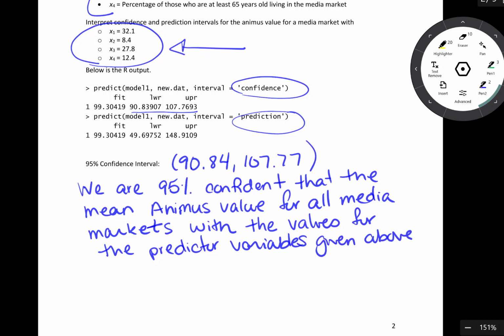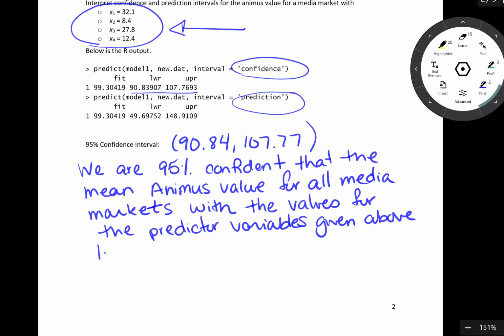If we changed any of those values, we would get a different confidence interval. And then we can say it lies between, and we give the values for the confidence interval.